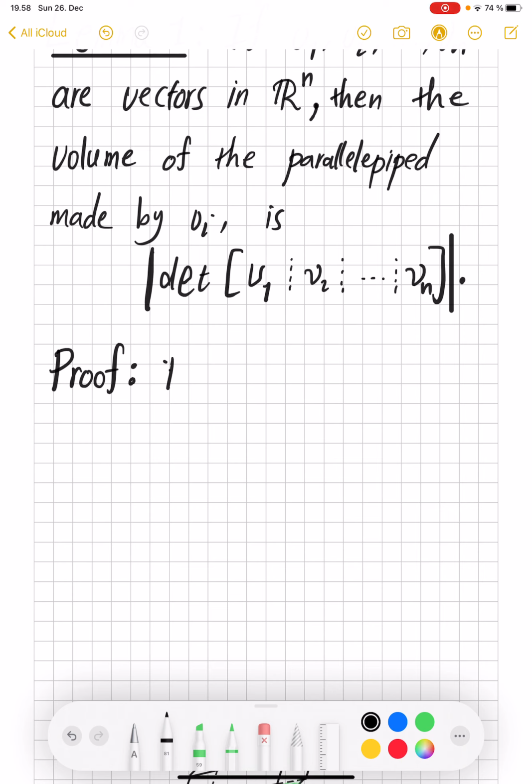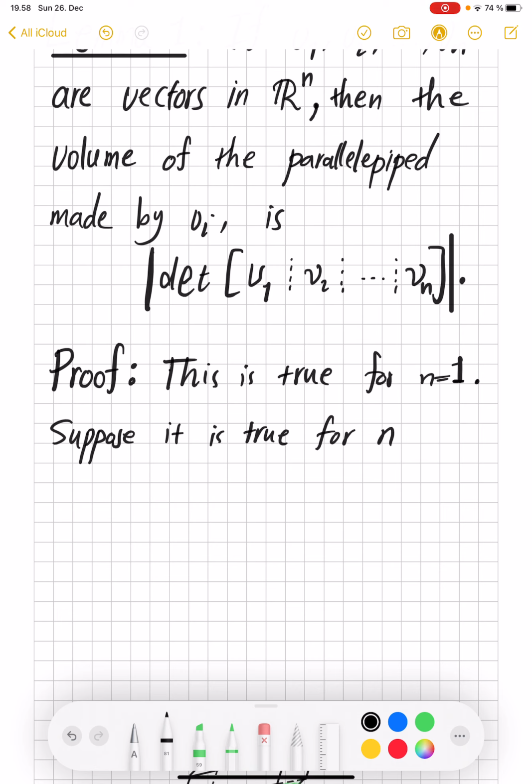This is true for n equal 1, although I will encourage you to think a little bit about it. Suppose it is true for n. We need to show the following.